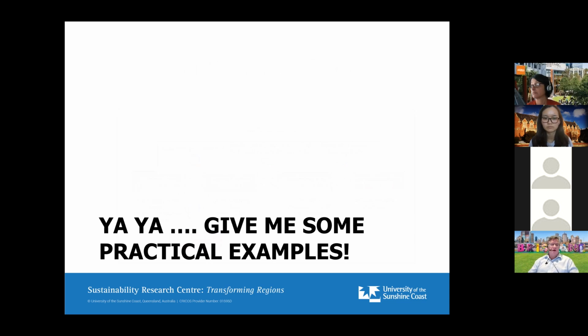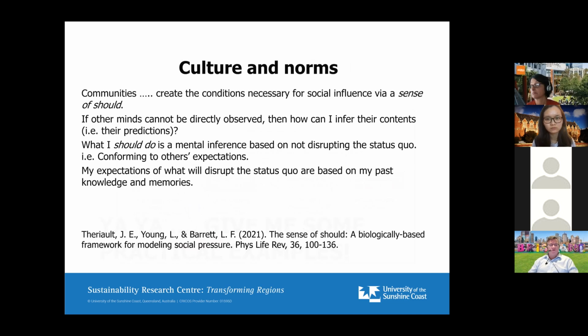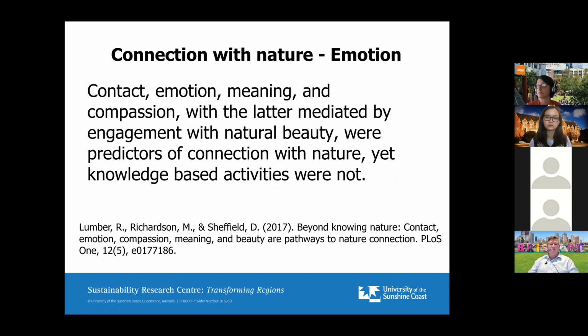Okay, so give me some practical examples. Well, here I talk about many different ideas, culture and norms. There's some very interesting thinking about what culture is and how it works based on our biologically based framework for modeling social pressure, which is what culture and norms are. Connections with nature. Why do we have a connection with nature? Well, some people say it's because of emotion.